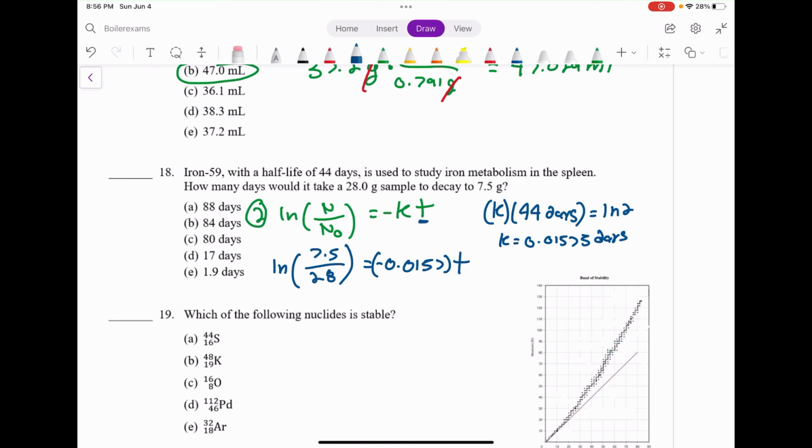So let's take the natural log of 7.5 divided by 28, and then I'm going to divide by negative k. And that gives me a t of 83.62. And that gives us answer choice B. You couldn't really go wrong with sig figs here anyways. So answer choice B, and I lost my answer key.